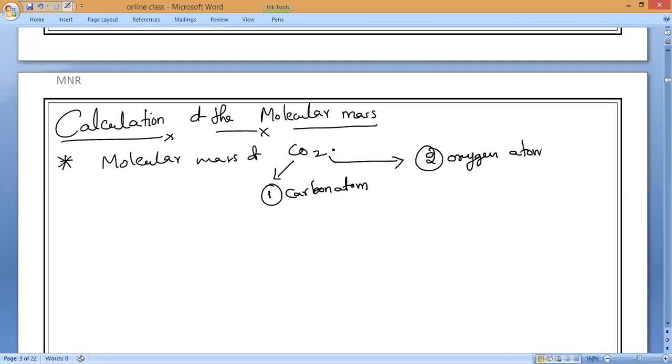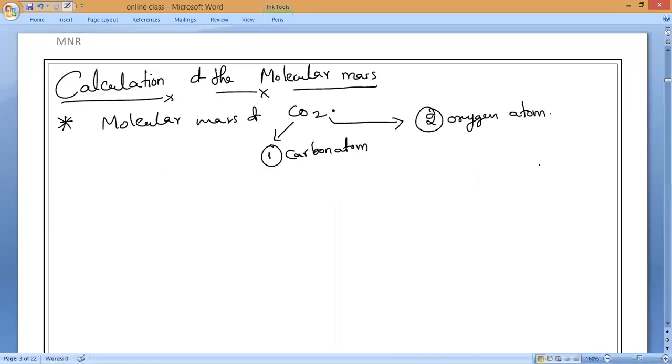Now, I will teach you one formula which will be helpful for everything, for ionic compounds, covalent compounds and all.